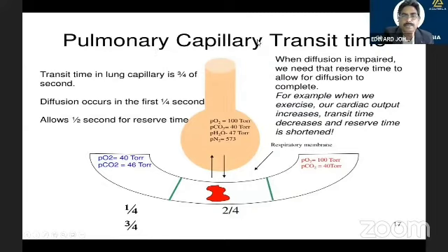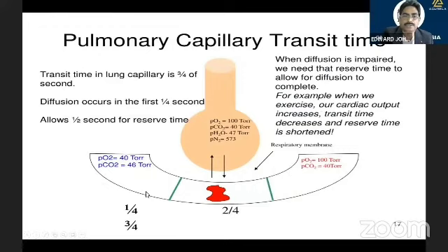Among the pulmonary capillary transit time of 3/4 of a second, only in the first quarter second does the diffusion occur. The remaining half second acts as a reserve. It helps in the time of increased demand. So when there is an increased heart rate in exercise and the cardiac output increases, the transit time decreases.